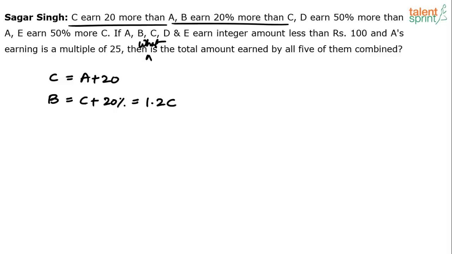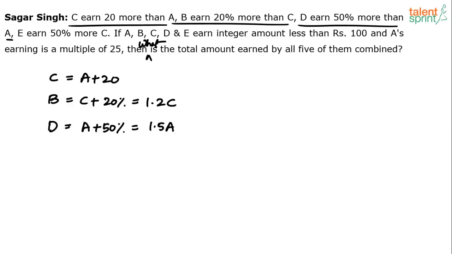D earns 50% more than A. So D will be equal to A plus 50%; 50% more than A, you all know it's 1.5A.